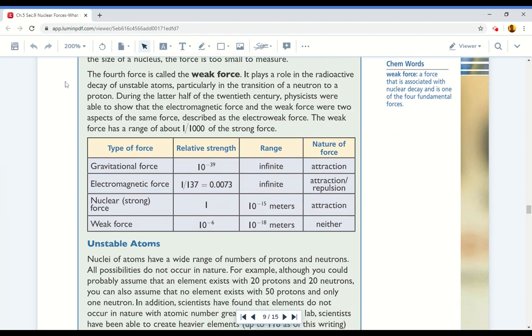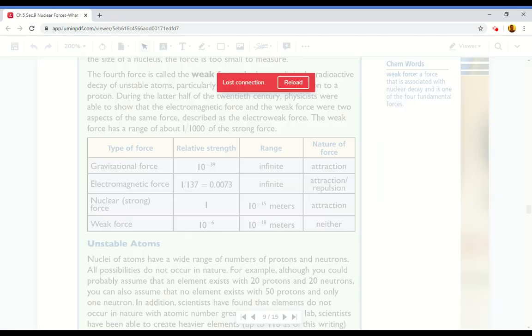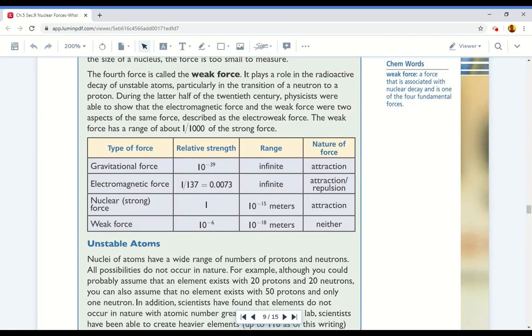The fourth force is called the weak force. It plays a role in the radioactive decay of unstable atoms, particularly in the transition of a neutron to a proton. During the latter half of the 20th century, physicists were able to show that the electromagnetic force and the weak force were two aspects of the same force described as the electroweak force.